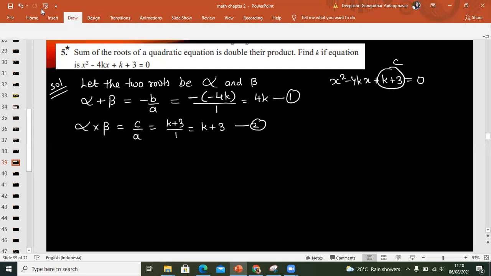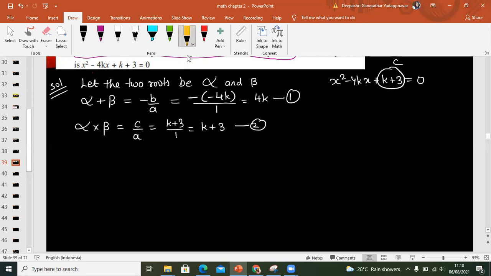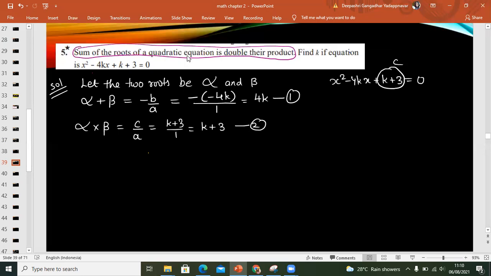Now we will write this statement. What this statement tells us. We are going to write it now. So this statement tells us that sum of roots, that is alpha plus beta, of root of quadratic equation is double their product. Double means twice their product.